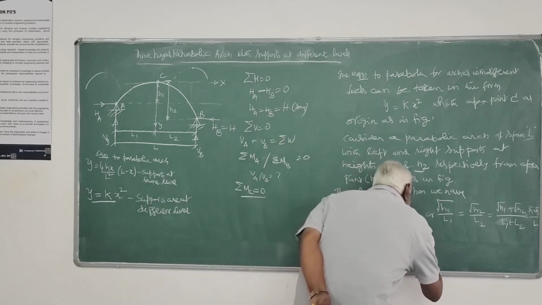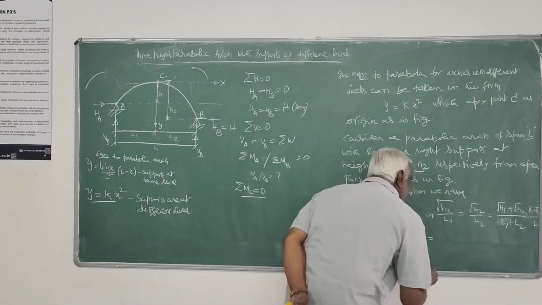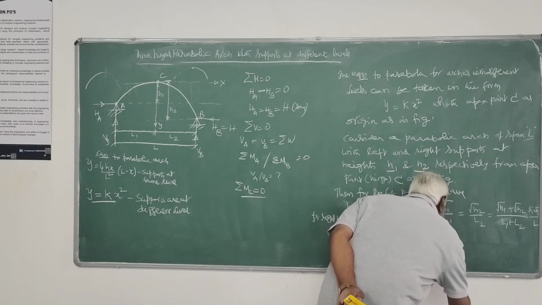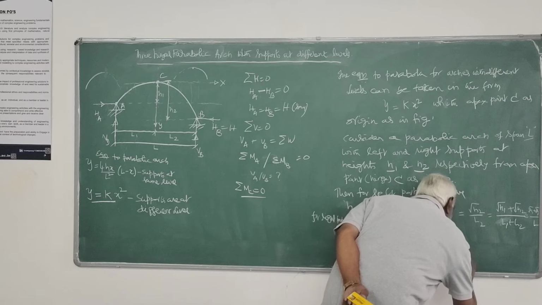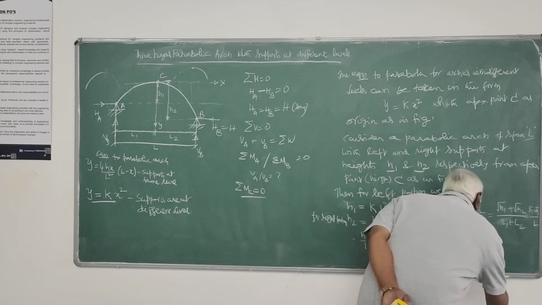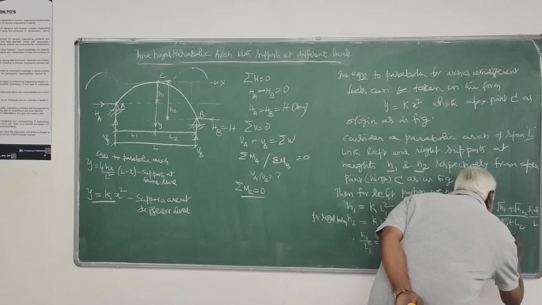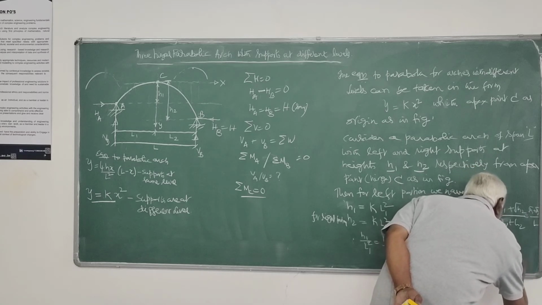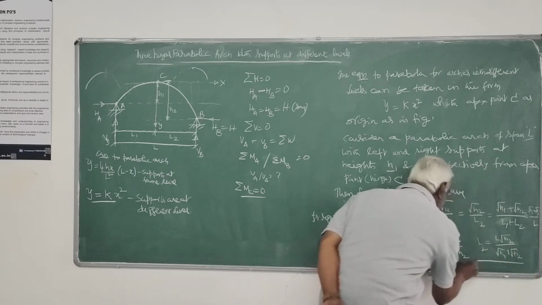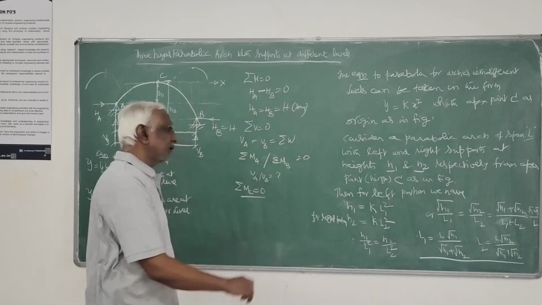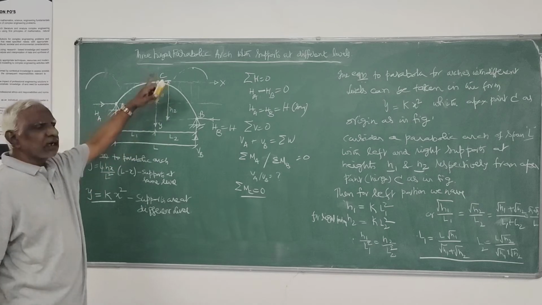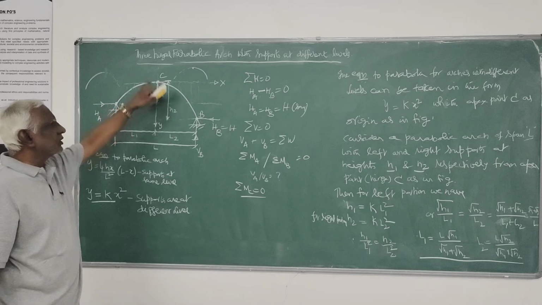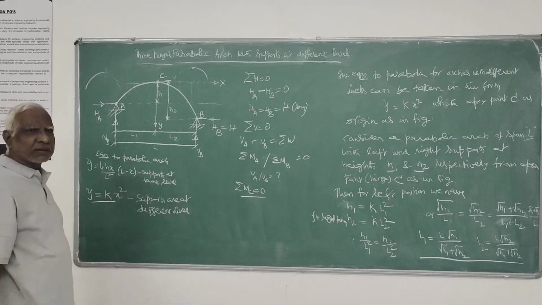So you can find that L1 is nothing but L root H1 by root H1 plus root H2, and L2 is given by L root H2 divided by root H1 plus root H2. So that's the relationship for the location of the apex hinge when the supports are at different levels, H1 and H2, from that apex point.